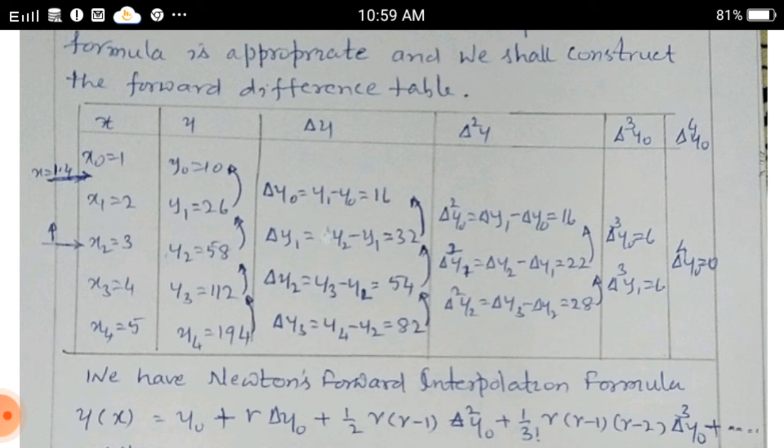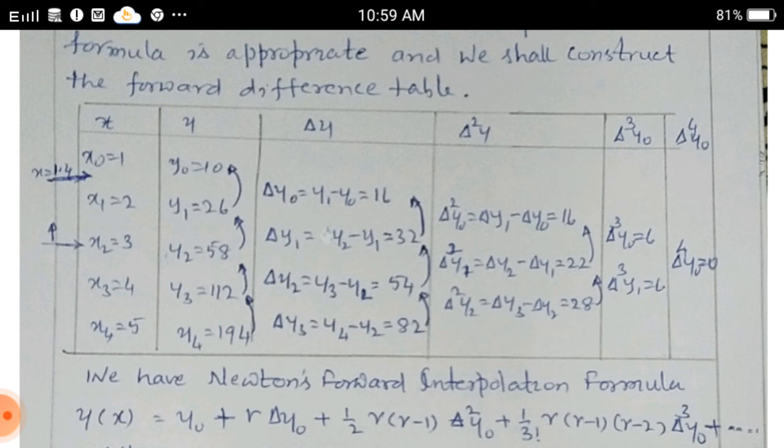x0 is equal to 1, the first value of the argument. The first value y0 is equal to 10, that is called the leading entry. Delta y, the first value in every column: delta y0 is equal to 16, delta square y0 is equal to 16, delta cube y0 is equal to 6, delta to the power of 4 y0 is equal to 0.